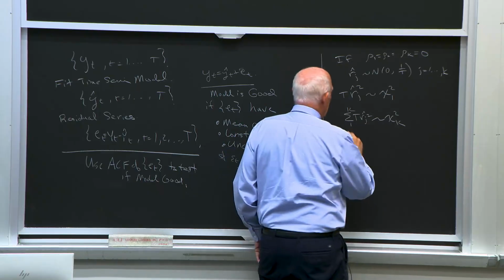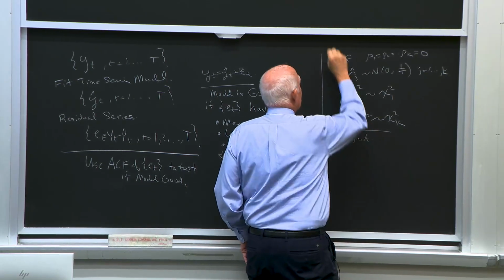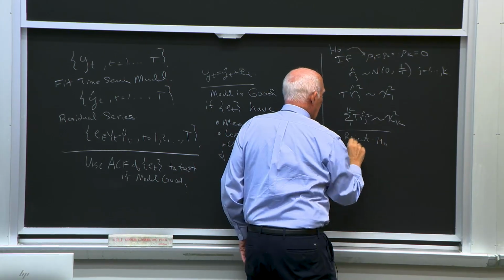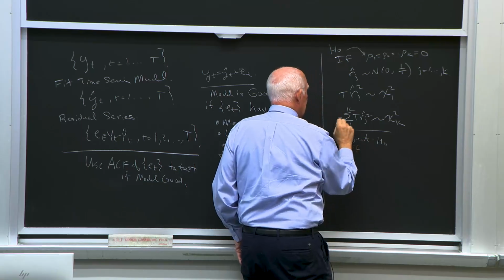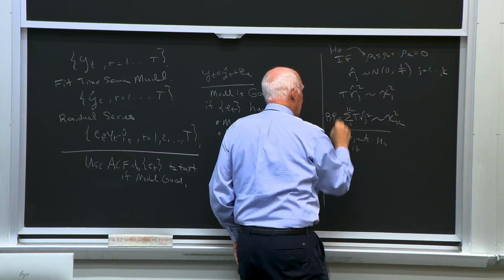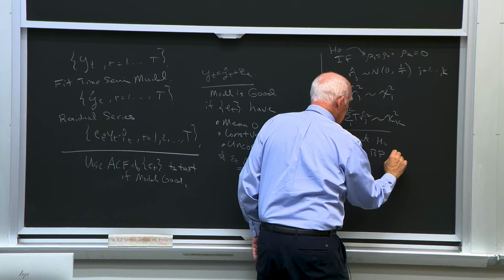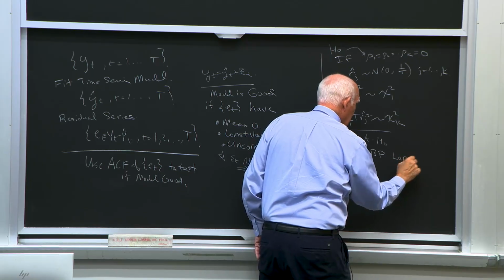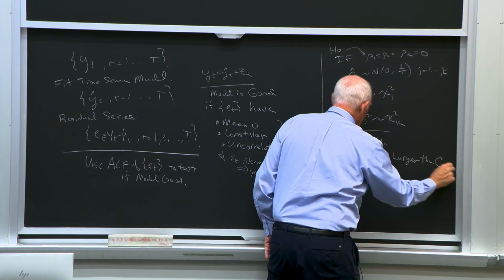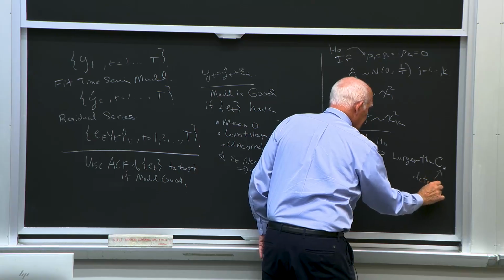And so we can reject the null hypothesis if this test statistic, I'll call it BP, because it's actually called the Box-Pierce test, is large, or say larger than a critical value C star, where this is determined by the chi-squared distribution.